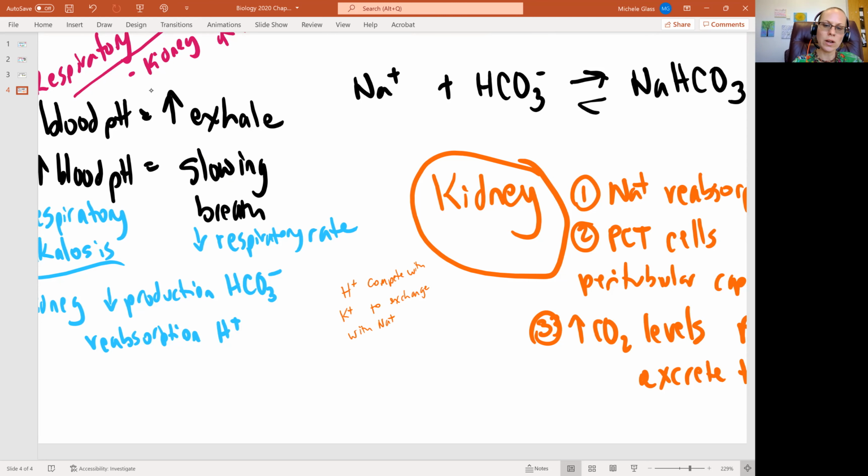So what we're seeing here is if you're exchanging sodium ion and hydrogen ion, then you're going to have elevated potassium level because it's not exchanging, right? If you have problems with your potassium level, then that can lead to problems regulating pH. If you have problems regulating your pH, that can lead to problems regulating your potassium levels. So we have a very close connection there.